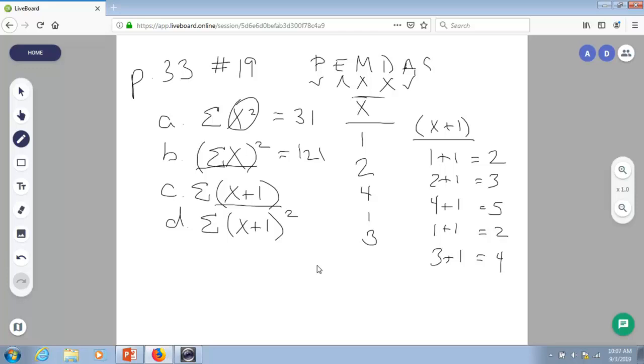Okay. So we're given the task of summing up the end result of what's in parentheses there. So that means we go 2 plus 3 plus 5 plus 2 plus 4.